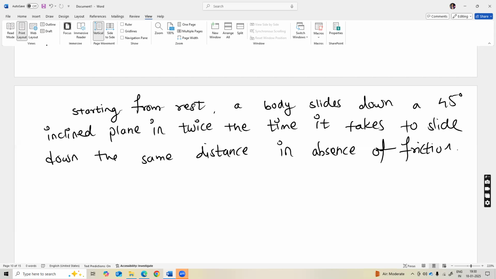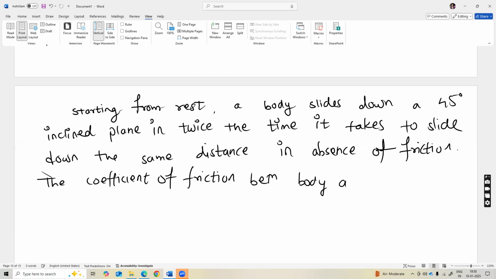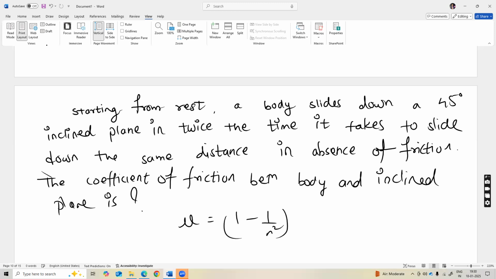The question: the coefficient of friction between body and inclined plane is? So you can directly use the above formula, that is mu is equal to (1 minus 1 upon n square) into tan theta.